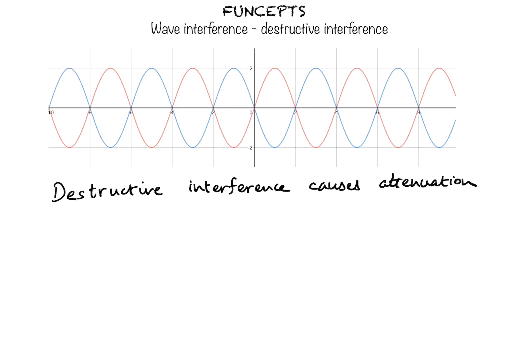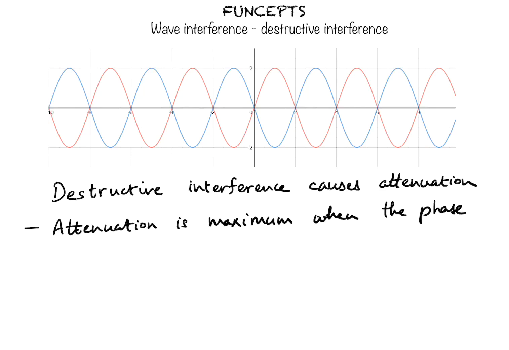And this attenuation is maximum when the phase difference theta is equal to plus or minus pi, or for that matter any odd integer multiple of pi, in which case the waveforms just cancel out each other.